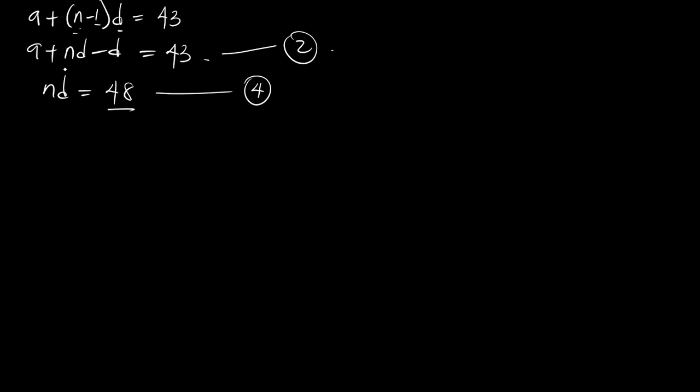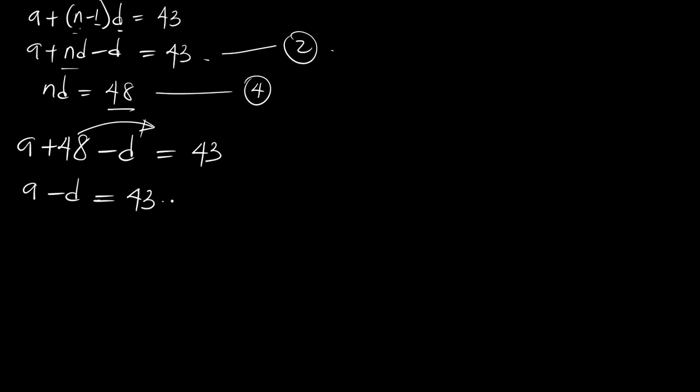in equation 2. So now if we substitute 48 into this equation here, we have a plus 48 minus d equal to 43. Now moving this to this other side, you have a minus d is equal to 43 minus 48.